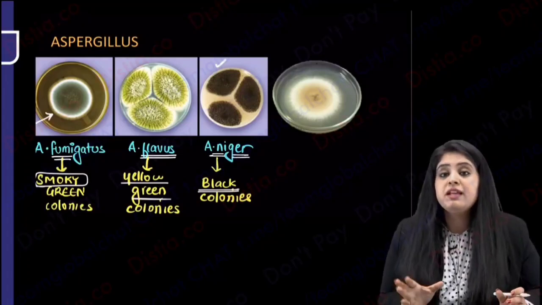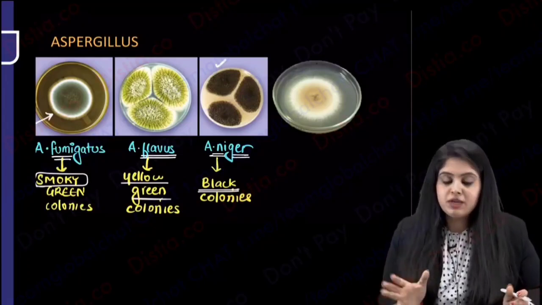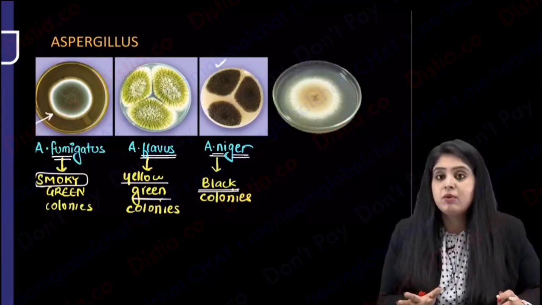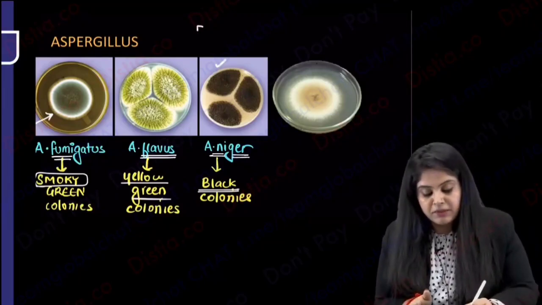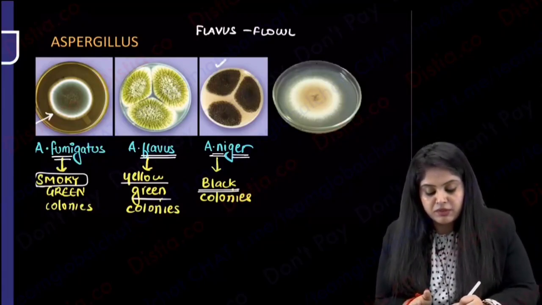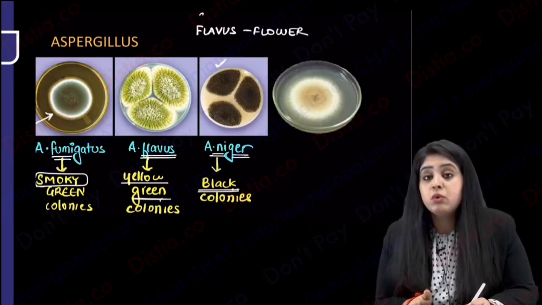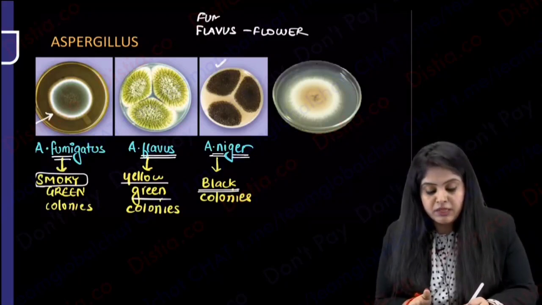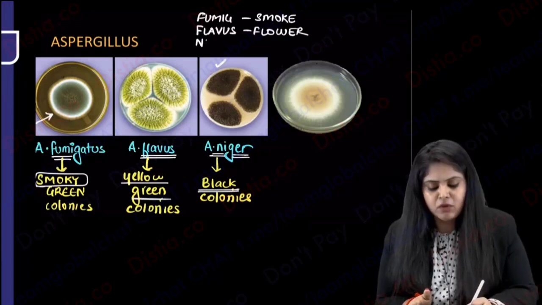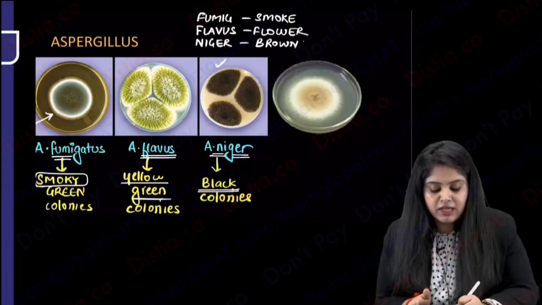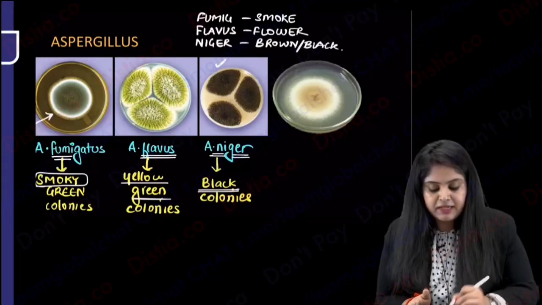So flavus is flowery colors, yellow, green, beautiful. That is my mnemonic: flavus, flower. In the exam, if I get confused, flavus has to do with flower, and smoky is fumes, so fumigatus is to do with smoke. And niger is only telling me something is brown or black.